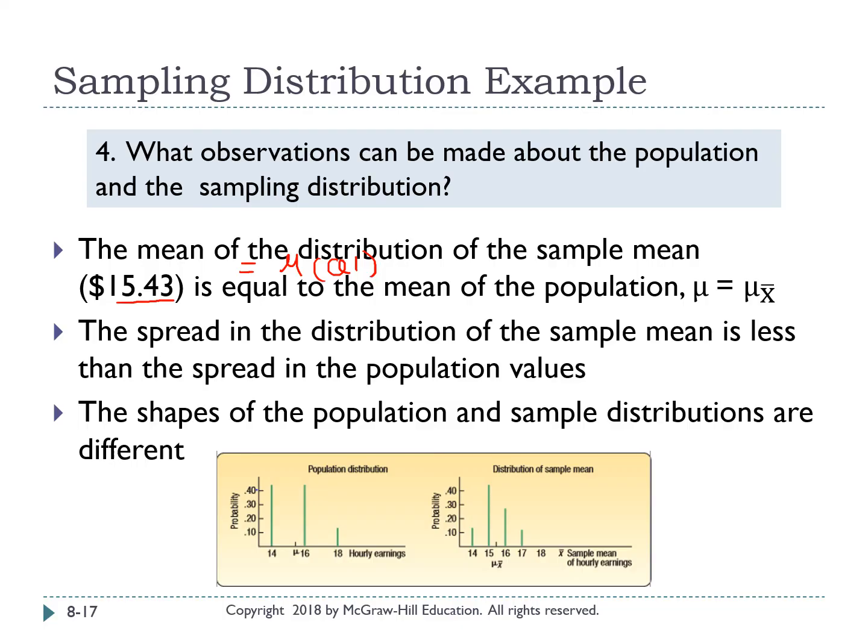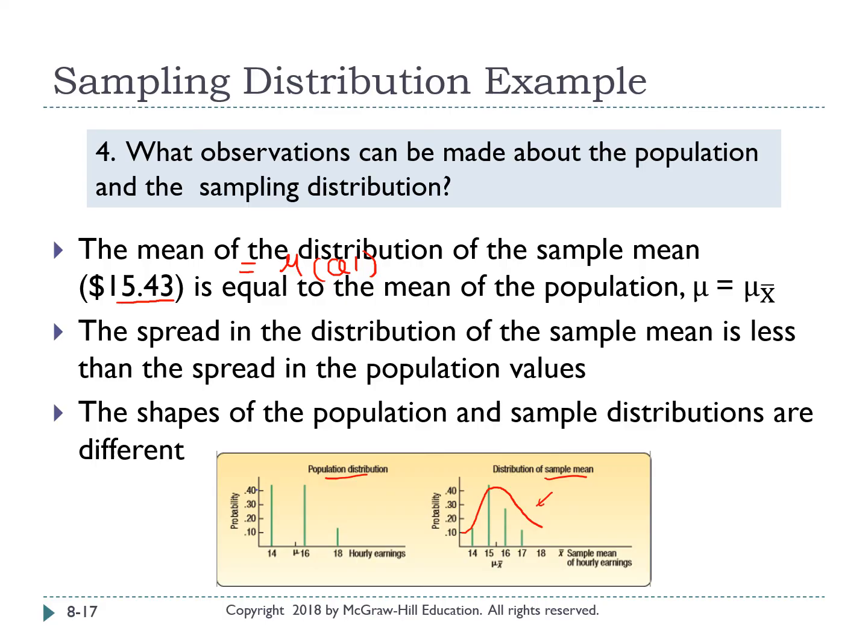Second observation, the spread or dispersion in the distribution of the sample mean is actually less than the spread in the population values. If you look at this diagram, you have the population distribution and you also have the sample distribution. If you draw a diagram, you can see here a bell curve shape, and this is for your sample.